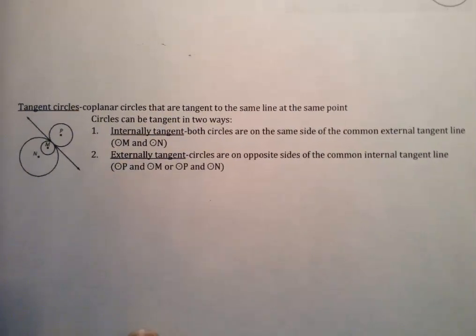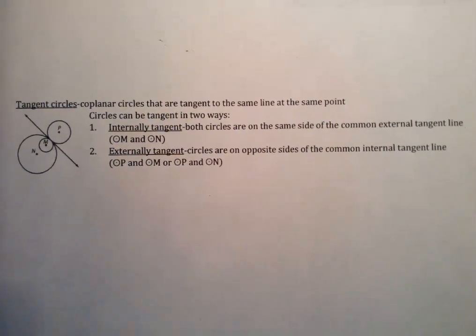All right, what a tangent circle is. Tangent circles are coplanar circles that are tangent to the same line at the same point. So they can be tangent in 2 ways. Internally tangent: both circles are on the same side of the common external tangent line.